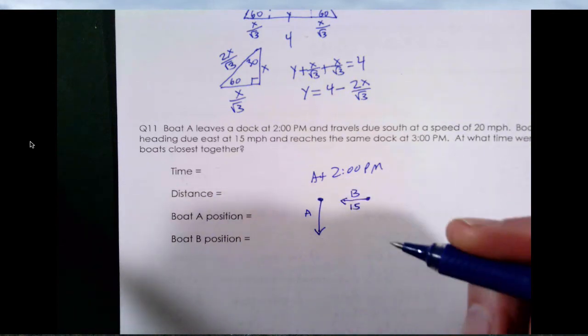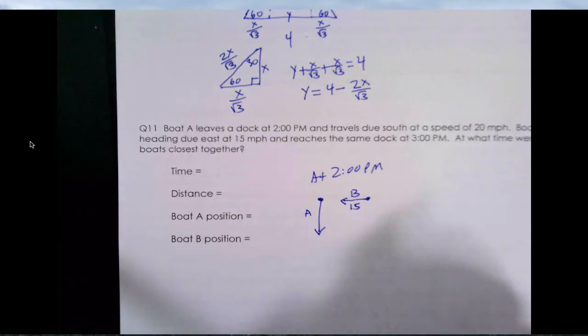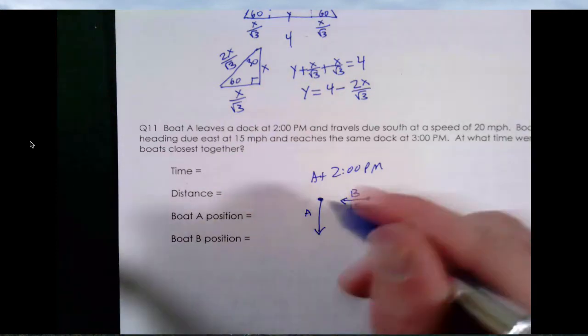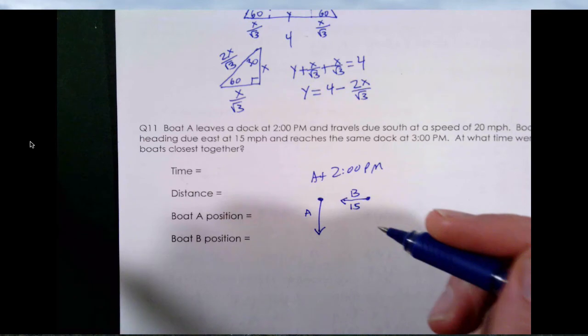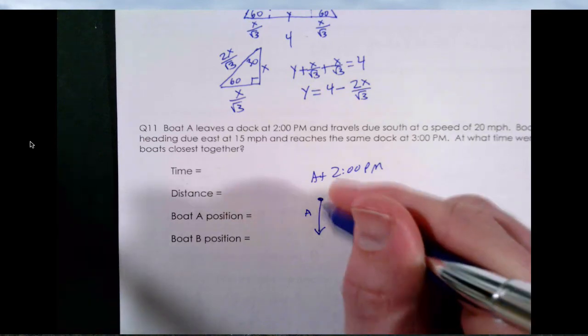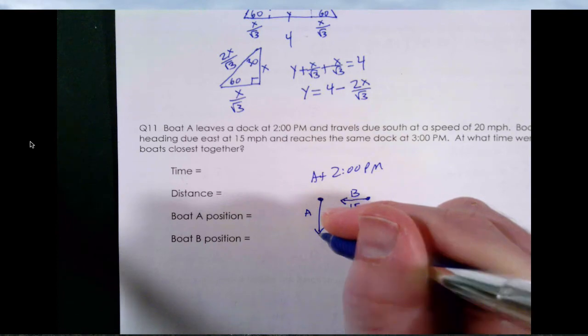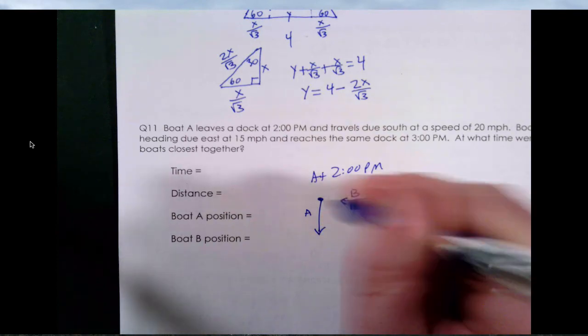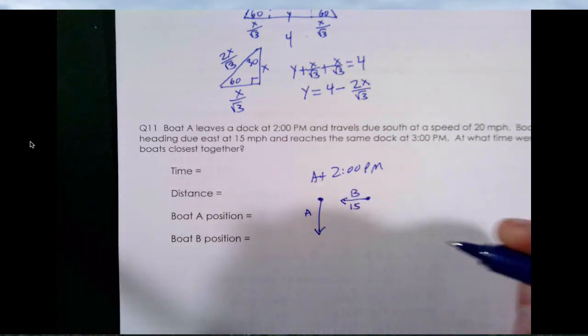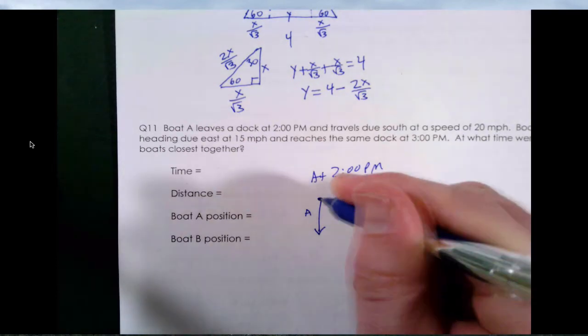Now, at what time were the two boats closest together? Asking when they're closest together is a distance formula again. So I need a formula that describes where A is, and a formula that describes where B is, as distance away from this.